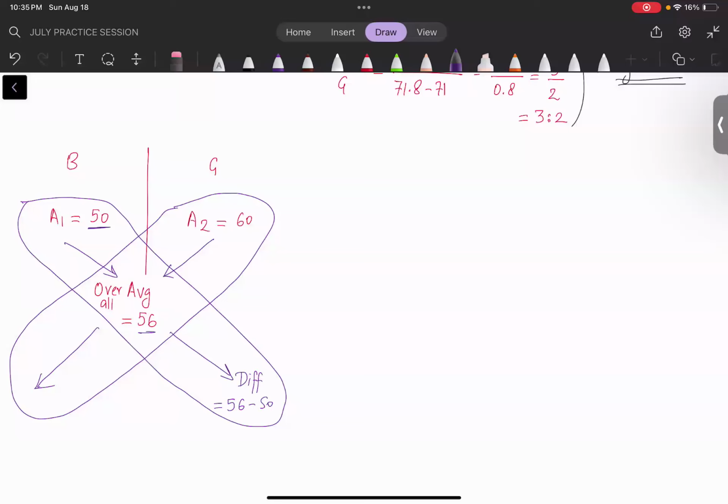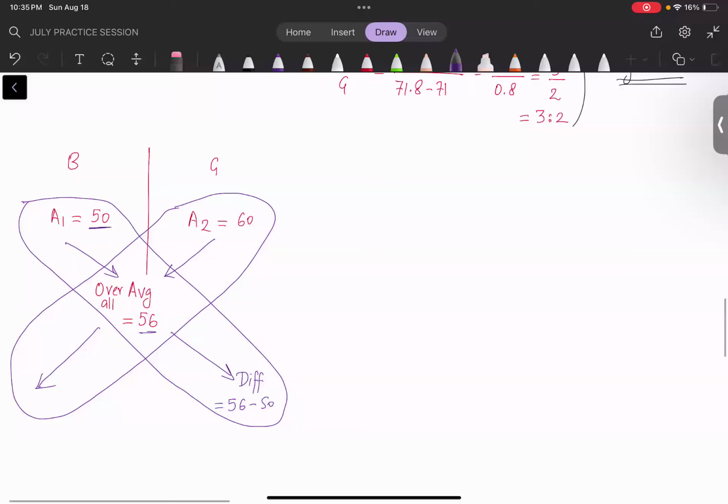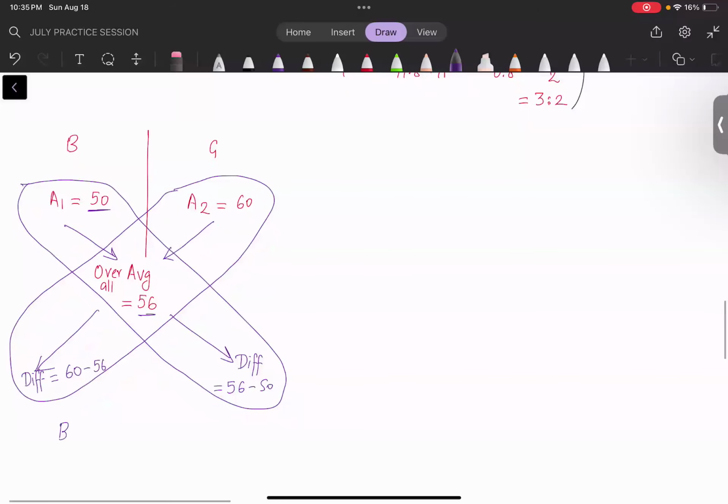And the next difference is 60 minus 56. So now I will write boys by girls. On the boys side, we have 60 minus 56. Directly also you can write 4. On the girls side, we have 56 minus 50. So this gives you 4 by 6. That means 2 by 3. So 2:3 is the ratio.